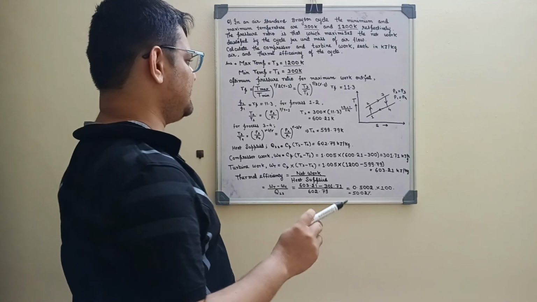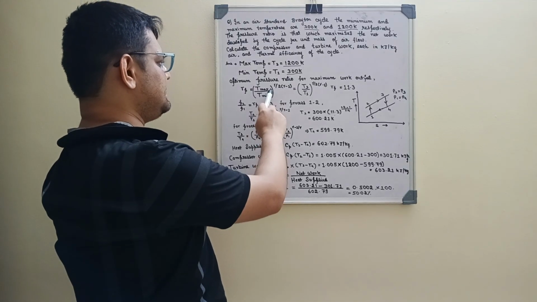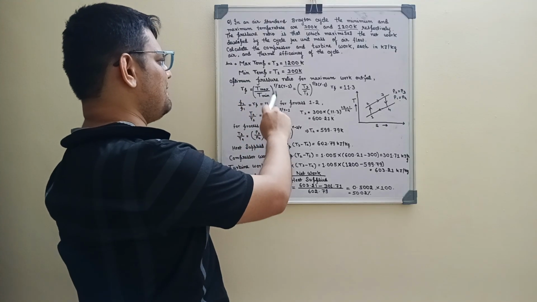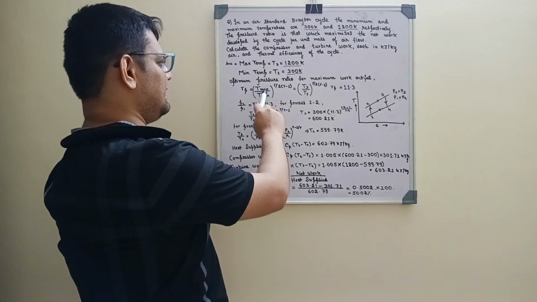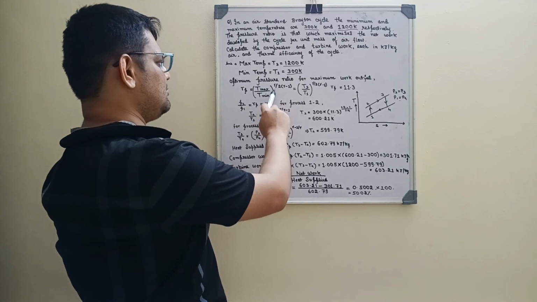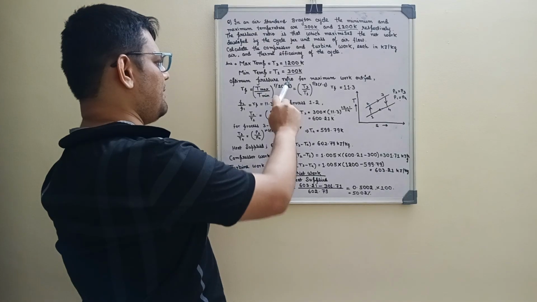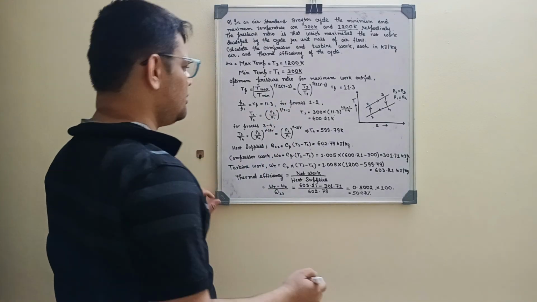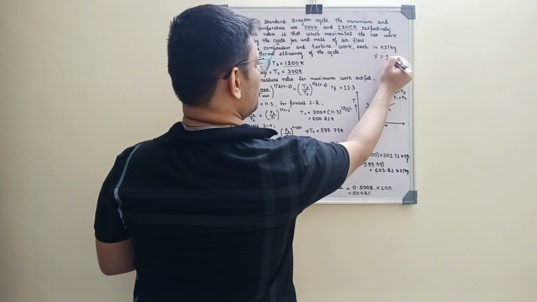So the pressure ratio is given as Rp equal to (T max by T min) to the power gamma divided by 2 into (gamma minus 1). Gamma we will take as 1.4.